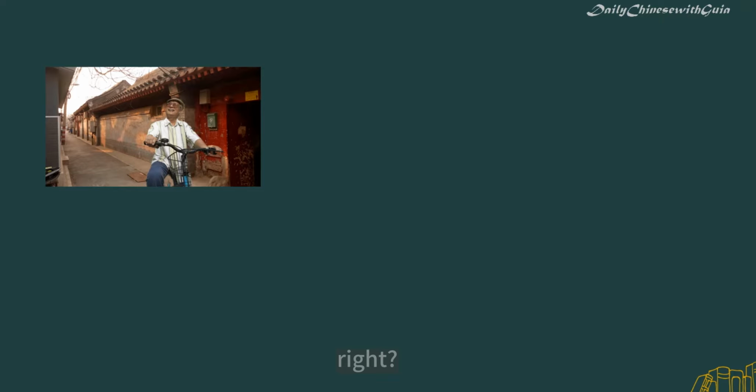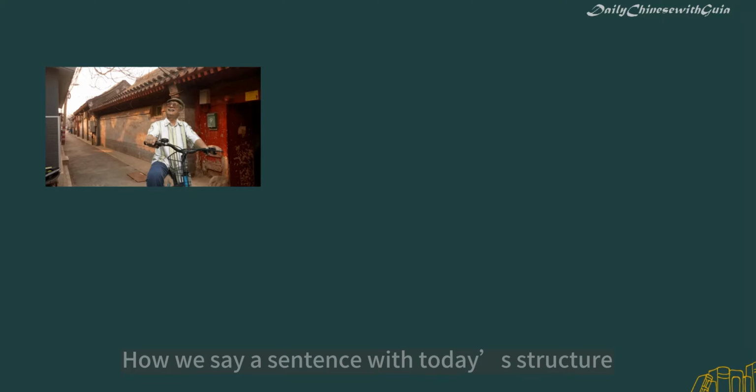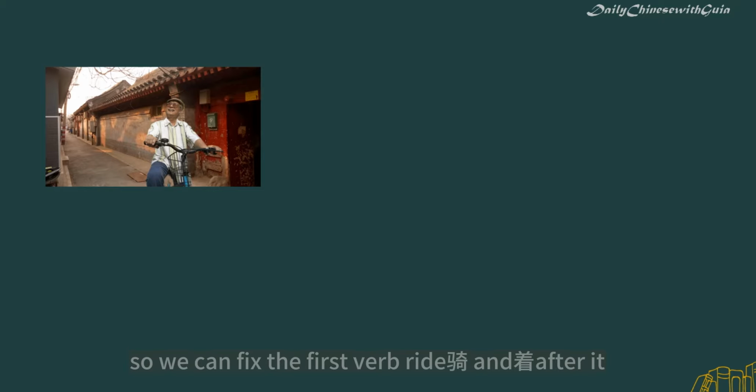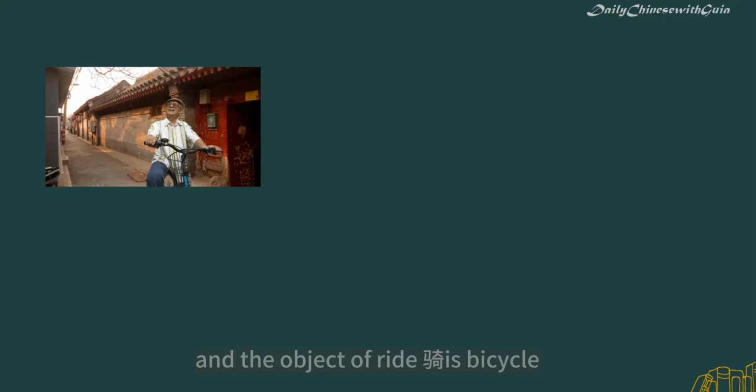In this picture, the guy is riding a bicycle and his eyes are looking around, right? How do we say a sentence with today's structure? Firstly, we need to think that riding a bicycle is an accompanying manner, so we can fix the first verb, ride, 骑, and 着 after it. And the object of ride, 骑, is bicycle, right?